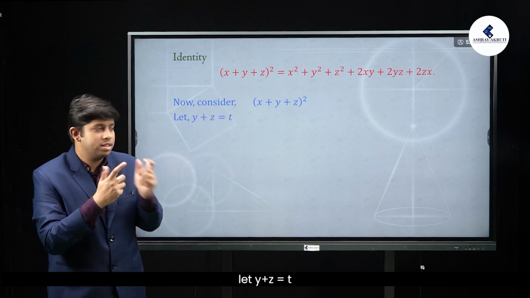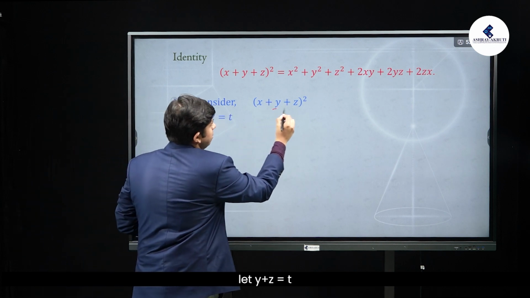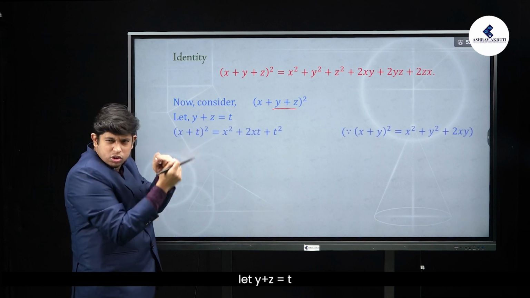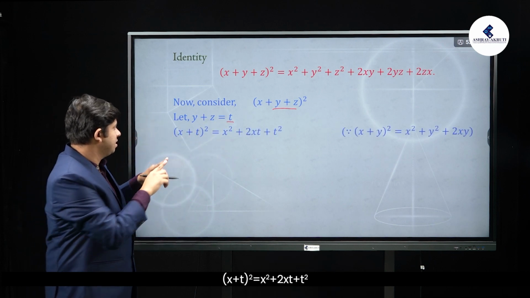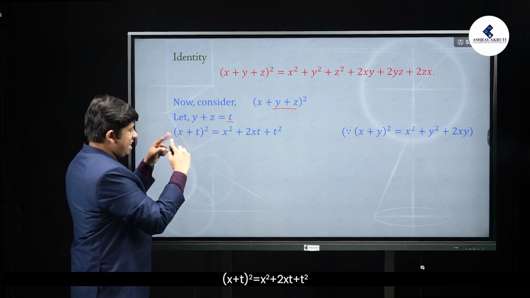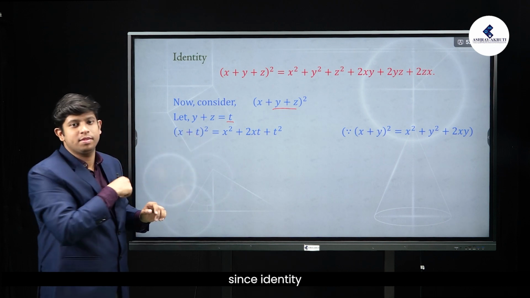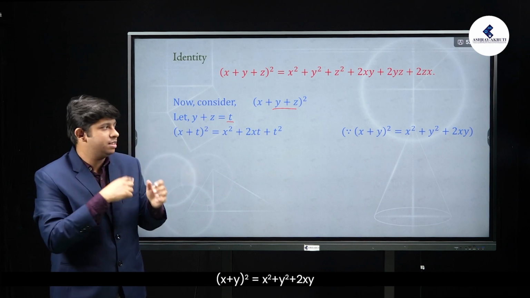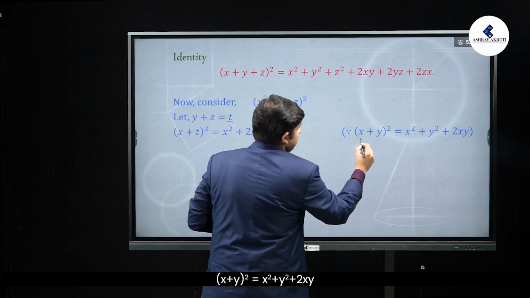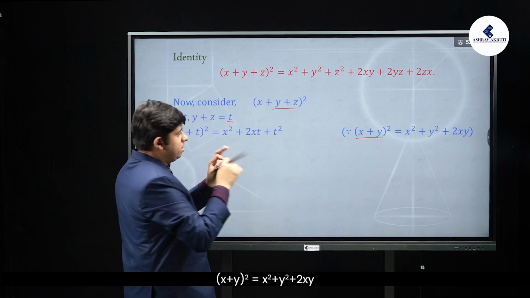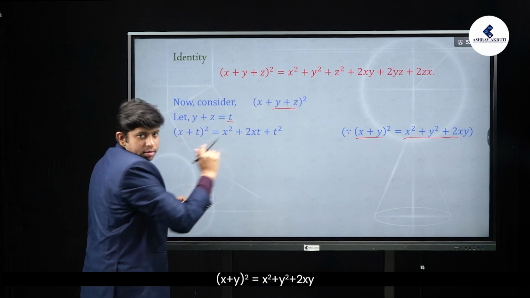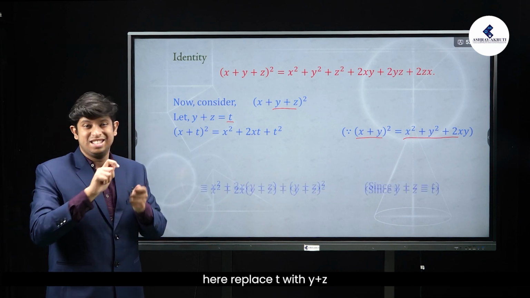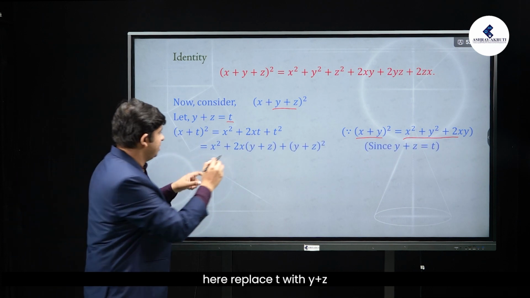Let y plus z be equal to t. x plus t whole square is equal to x square plus 2xt plus t square, since the identity x plus y whole square is equal to x square plus y square plus 2xy. Here replace t with y plus z.